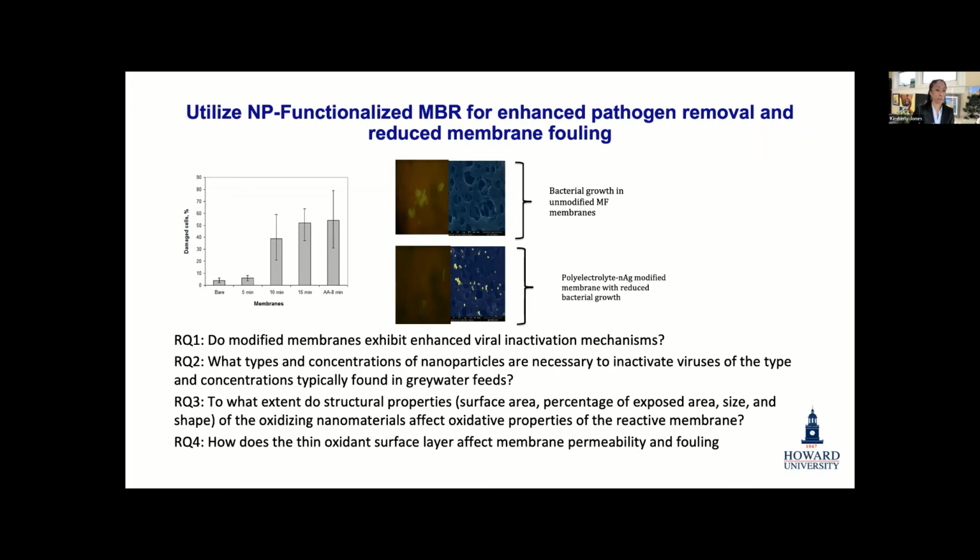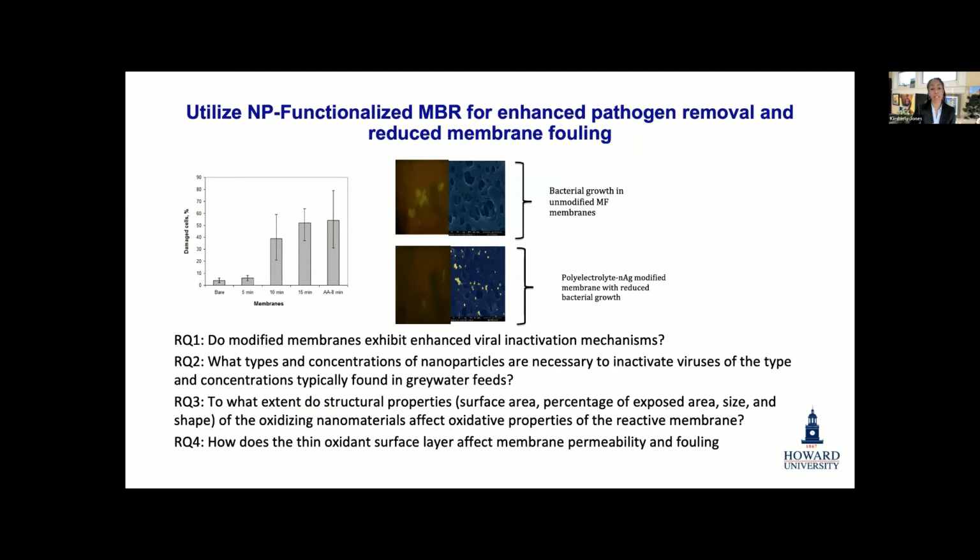We've outlined a couple of research questions here when we think about our modified membranes. Can we get enhanced viral inactivation, and how would we do that? So we need to think about the impact, and there's been very little work done on what the impact is on viruses. And we may need to look at different types of nanoparticles. Again, we looked at silver, which has exhibited known cytotoxicity.